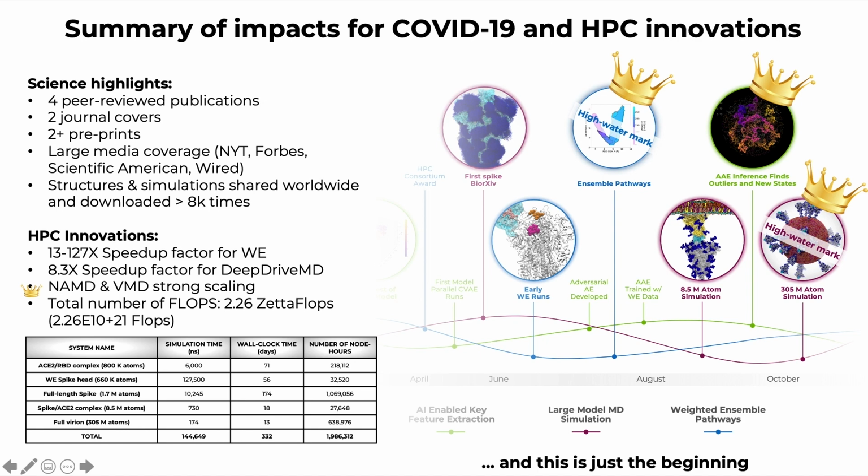Our workflow also set a total number of flops exceeding 2 zettaflops in just a very short amount of time. And we set several high watermark achievements, including for ensemble pathway simulations, for adversarial autoencoded multiscale workflows, as well as for the all-atom simulation of viruses. And what's so amazing is this was just 8 months. It's really just the beginning.